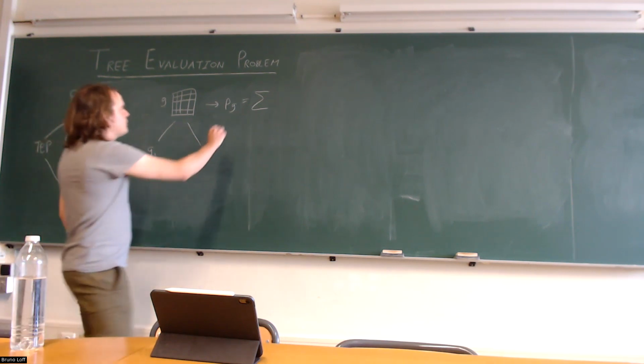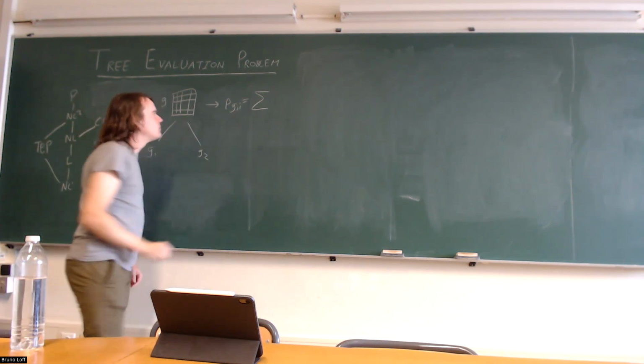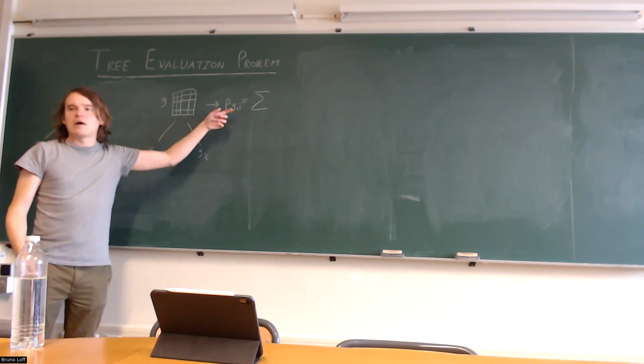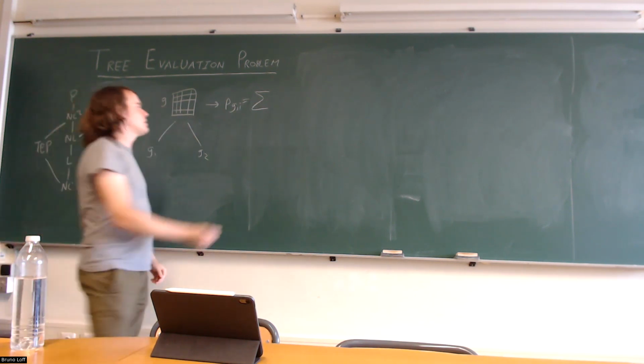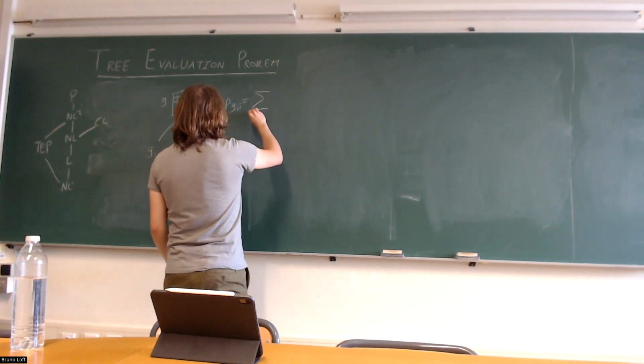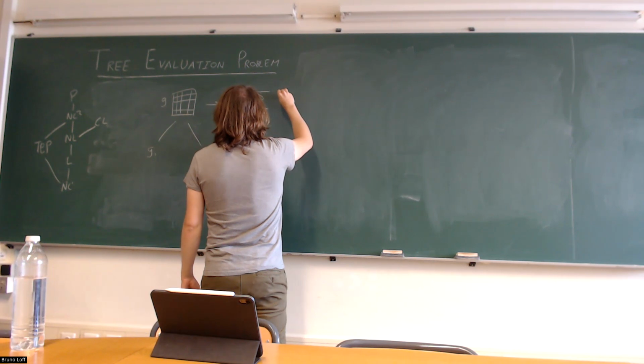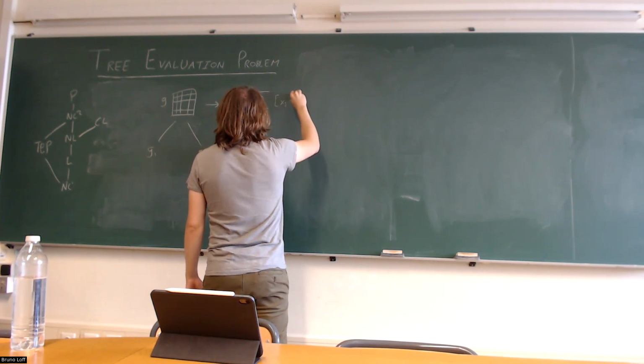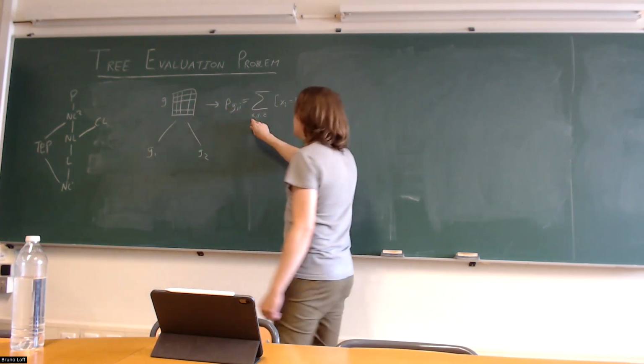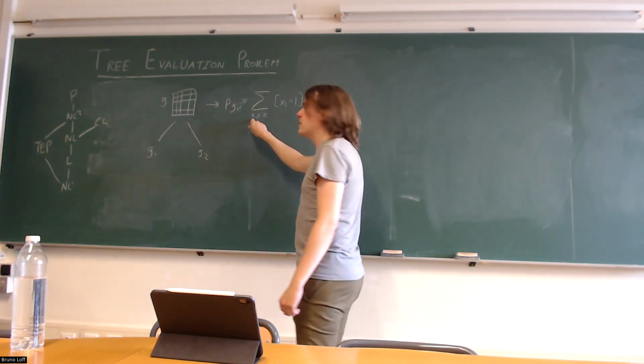Really, for every output bit, I have log K output bits to compute, and for each of them, I can write the polynomial as the sum over all x, y, and z. What do I want to say? Well, first, I want to check that the ith bit of x is actually equal to 1. x is going to be the output of the thing.